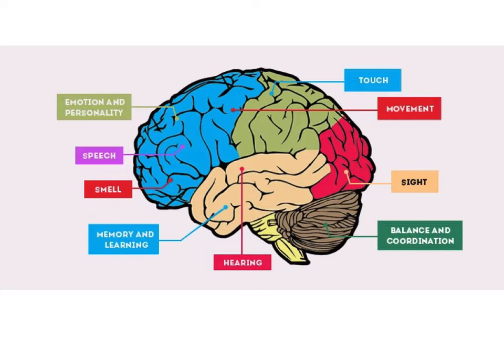There is a second part, which is called cerebellum, and here in this picture it is on the bottom right, brown with black lines, and this is in charge of balance and coordination. And the third one is a little yellow-like stem that you see next to the cerebellum, and this is called the brainstem.